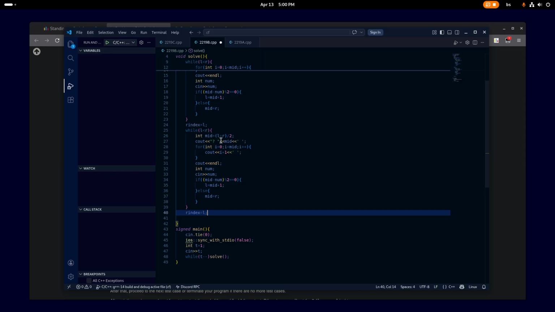Except, of course, we want like this, I think. Yeah, and then this would be 2 times n plus 1 minus mid, yeah. I think, maybe.